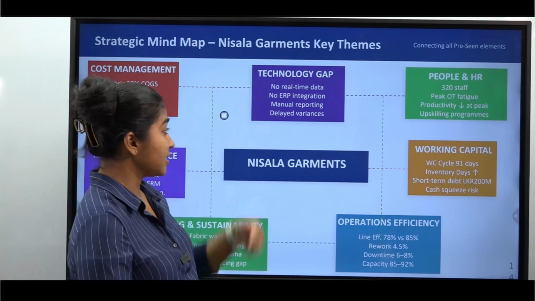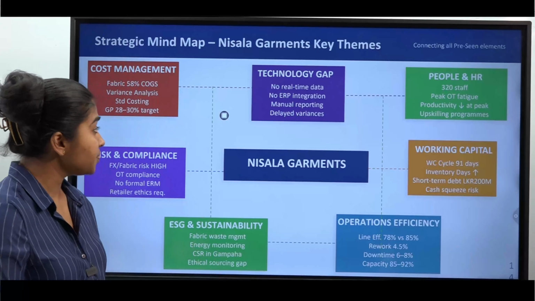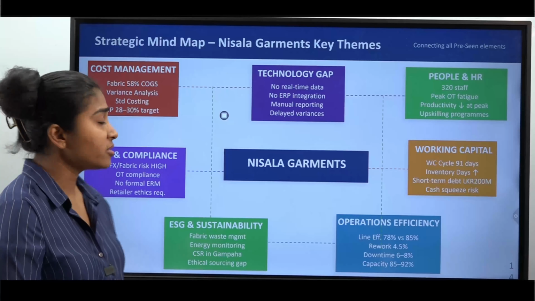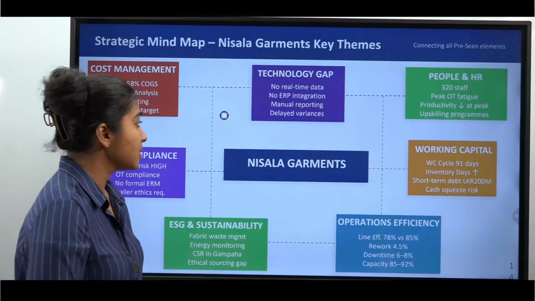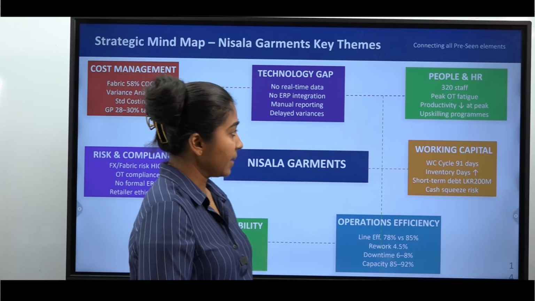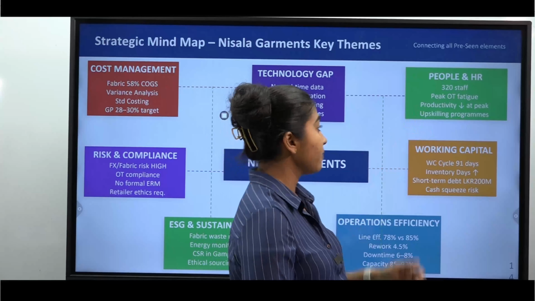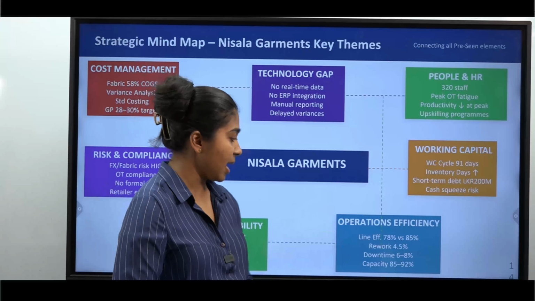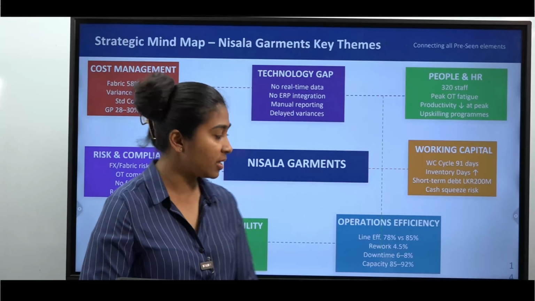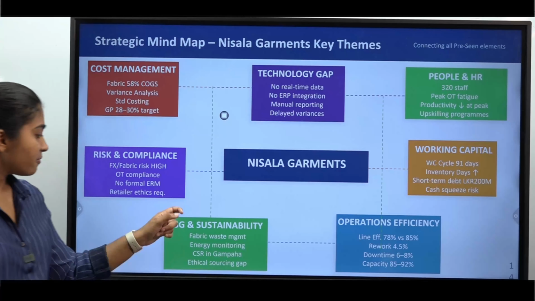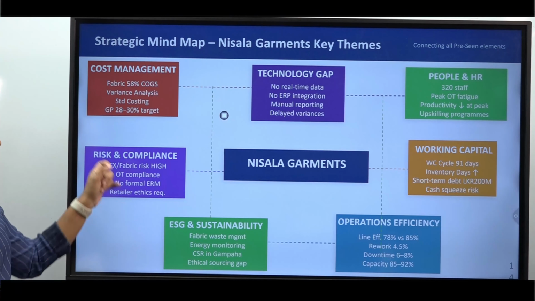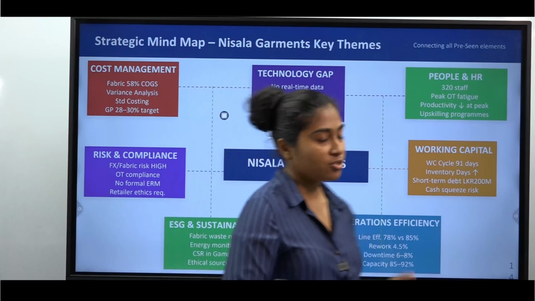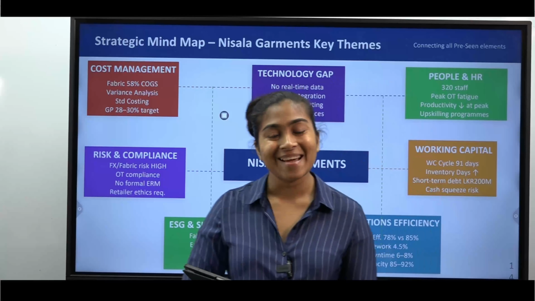We don't have real-time production data, but we do have manual reporting, which is also reviewed on a monthly basis. From a people point of view, I've added the most important points, the working capital, and the operational KPIs we currently achieve. And from a sustainability, risk and cost point of view, all the key information is here and can be used as a mind map.